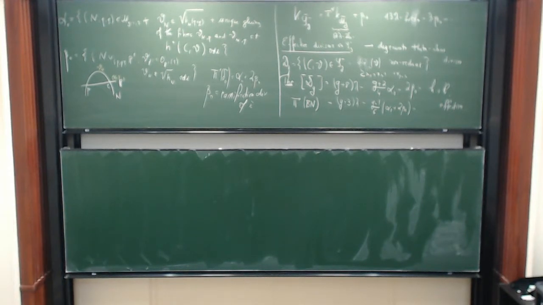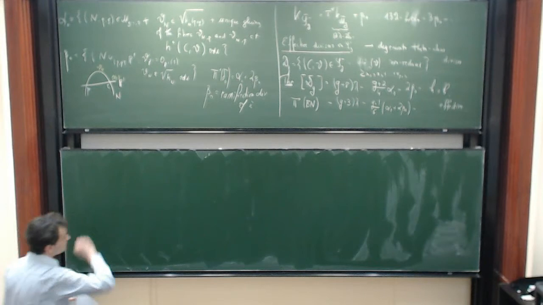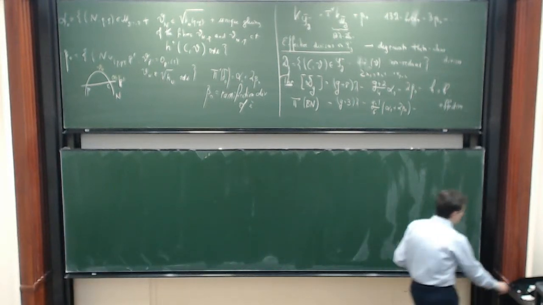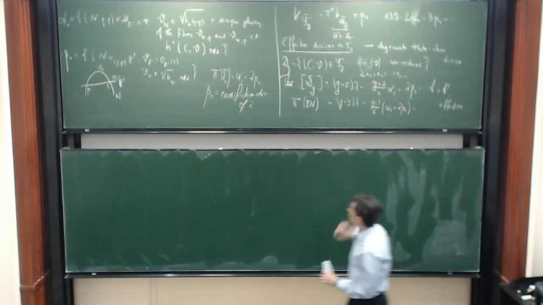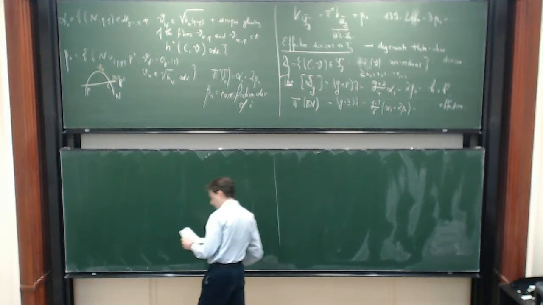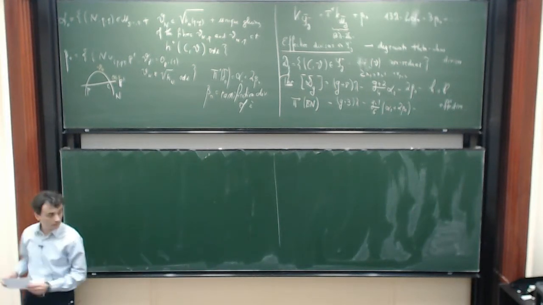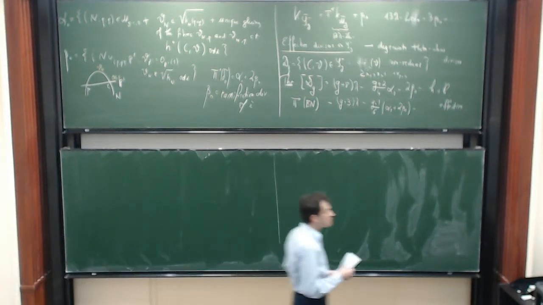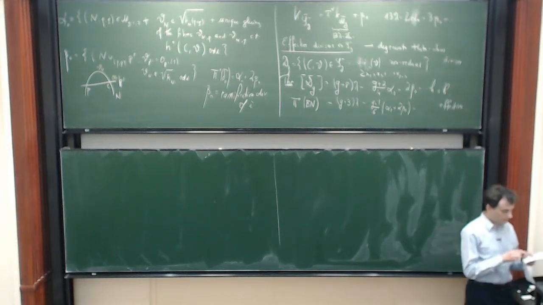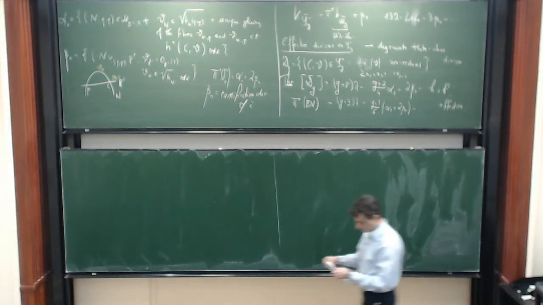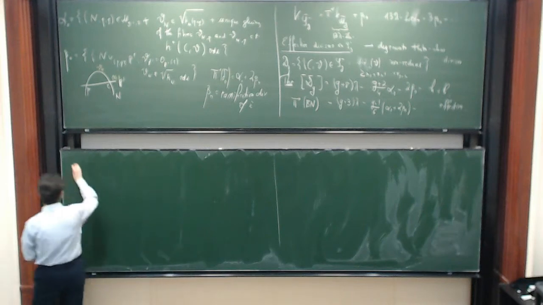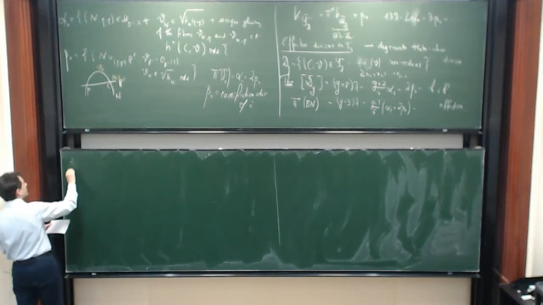Okay. So you can simply compare these formulas, and I will make the following. I can make a linear combination of these divisors, and I will get something. So I take 2 divided by g minus 2.